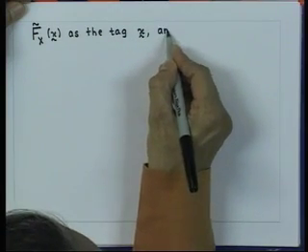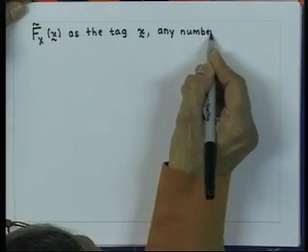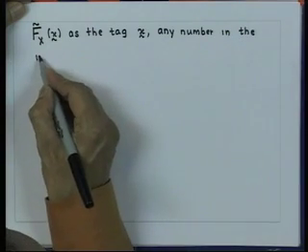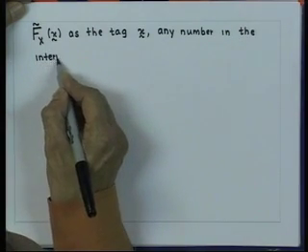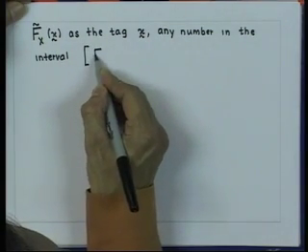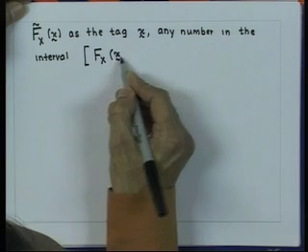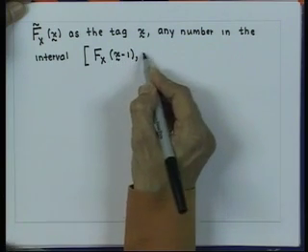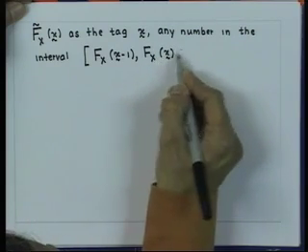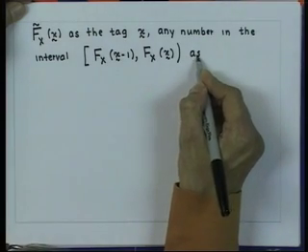Any number in the interval given by this is a unique identifier.